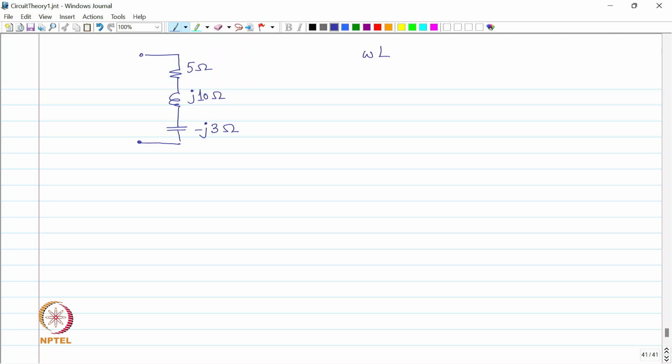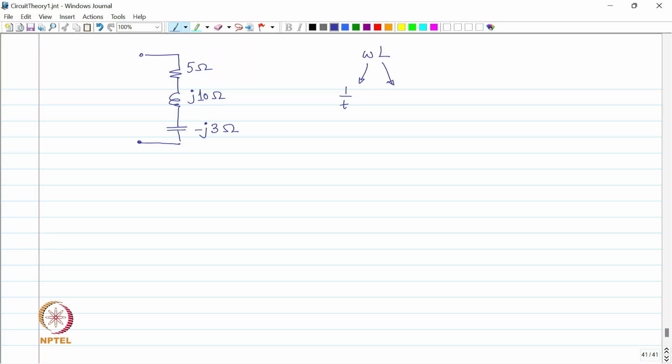It follows Ohm's law, so hopefully, yes, but can you check omega times L? What are the dimensions of omega? What are the dimensions of L? Omega is 1 by seconds, and L, what is L? Energy by current squared, very good.